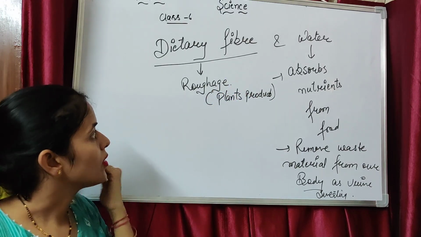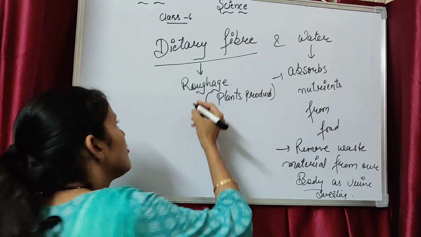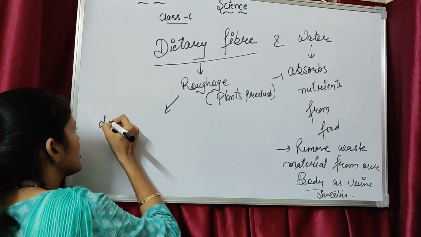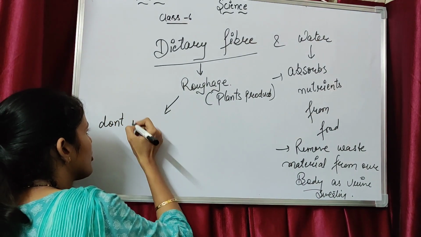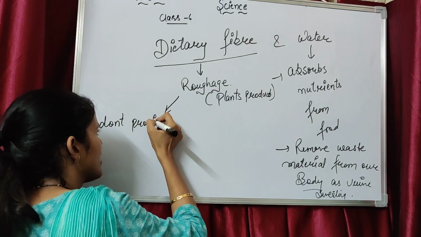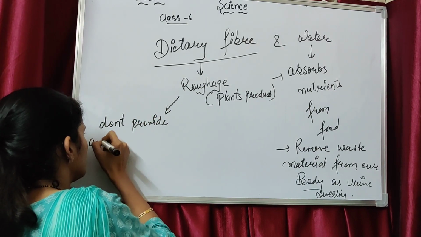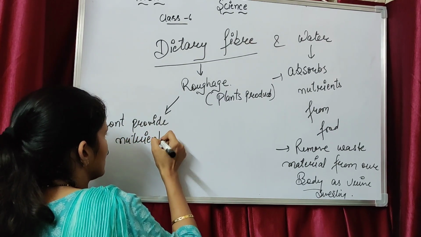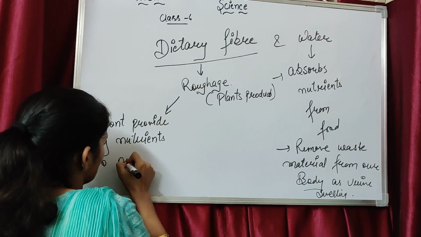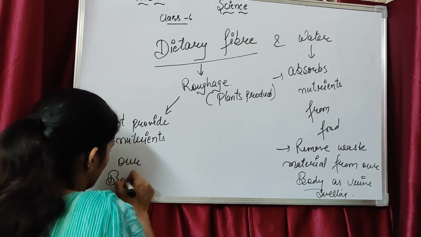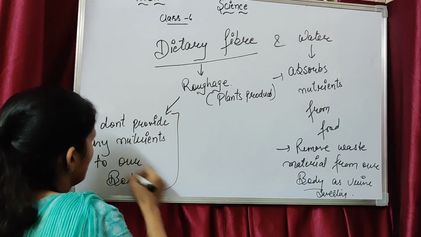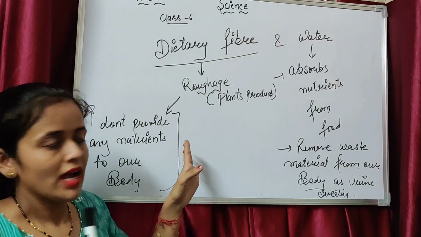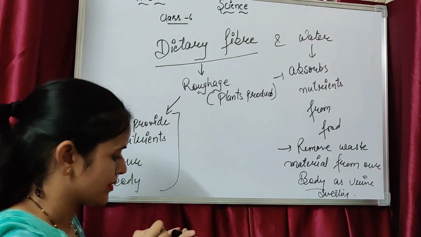These are totally plant products. The main thing about dietary fiber is that it doesn't provide any nutrients to our body. That is the main function. Important point: roughage will not provide any nutrients to our body.